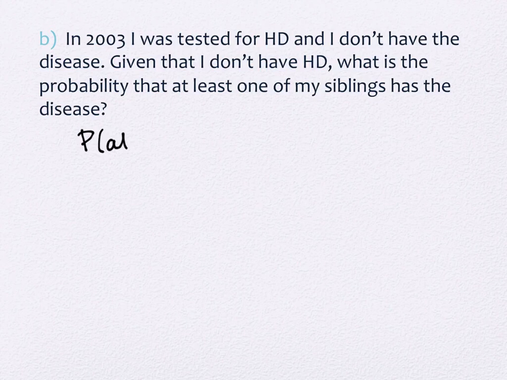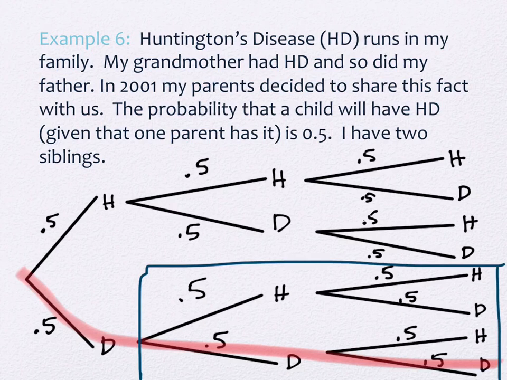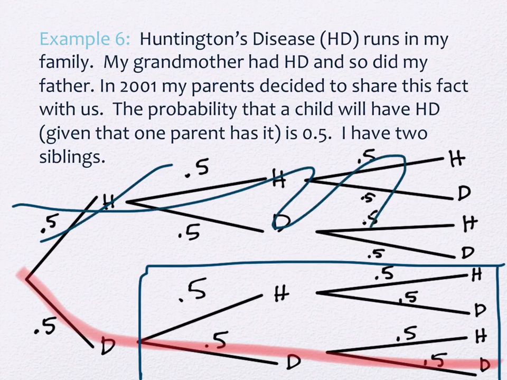The probability of at least one is 1 minus the probability that no one has it, that we're all okay. The difference is that at this point on this diagram, this whole diagram doesn't exist anymore. The only part of this diagram existing is down here, because I don't have it. So none of this happened.